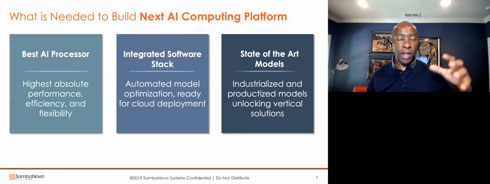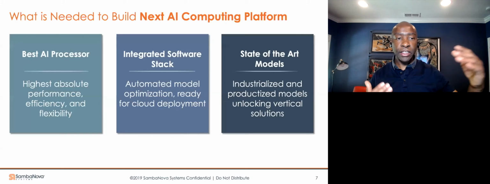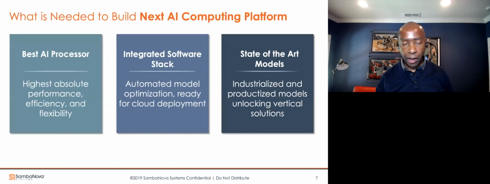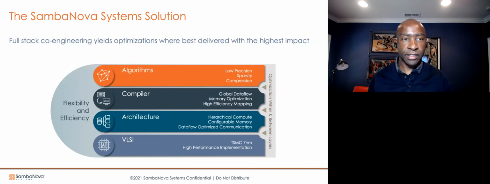And so what we want is optimization across these different layers to attain very high efficiency and flexibility at the same time. And we'll see how that plays out as I describe these three core components of the Sambanova system. This is the stack, right?